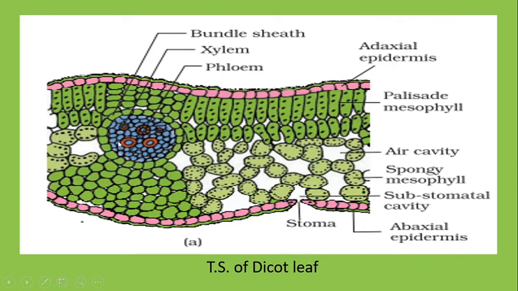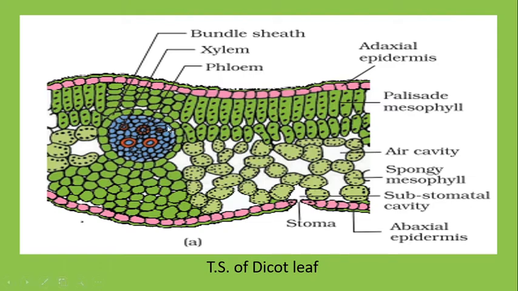Then xylem. The xylem lies towards the upper surface or adaxial surface. These vessels here are the xylem, towards the upper side, the adaxial side. They have vessels, tracheids, fibers, and the xylem parenchyma.